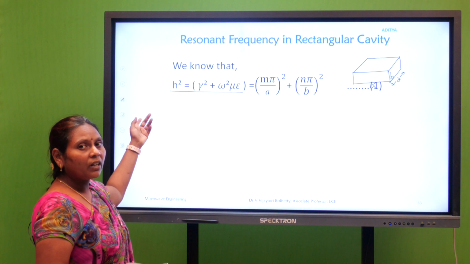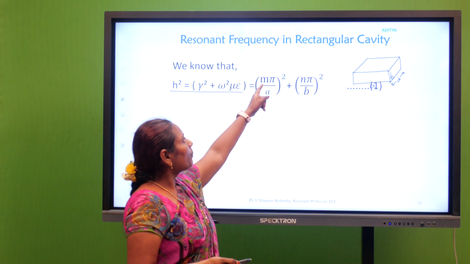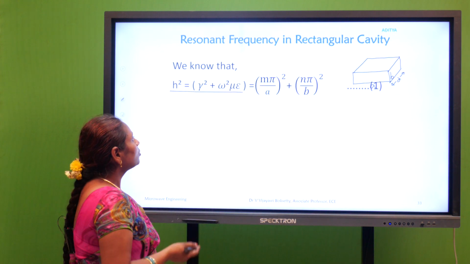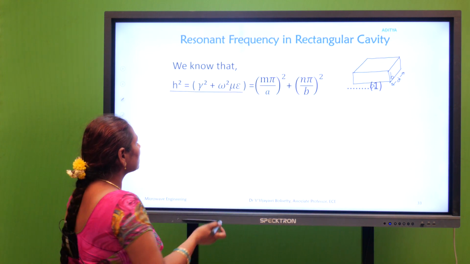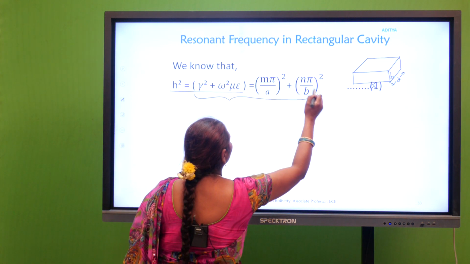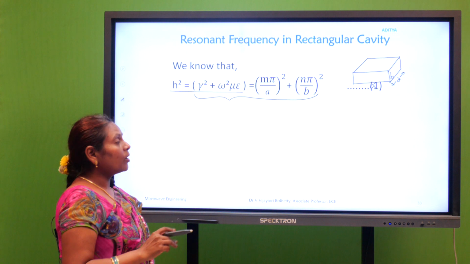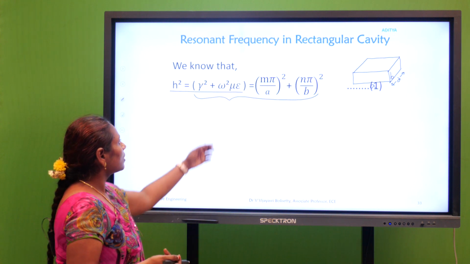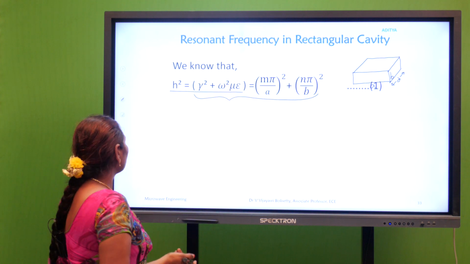But we also know that h square is equal to (m pi by a) whole square plus (n pi by b) whole square. So now let us equate these two terms, that is gamma square plus omega square mu epsilon is equal to (m pi by a) whole square plus (n pi by b) whole square, so that we can get omega square mu epsilon.